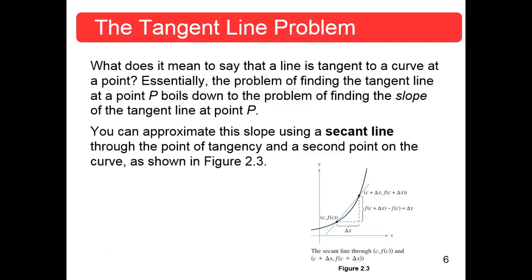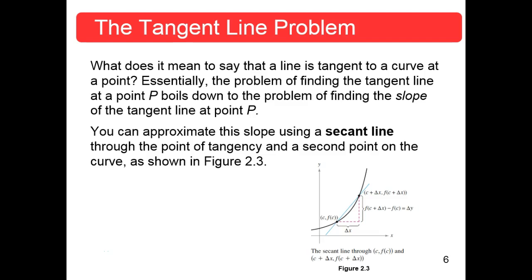Delta means difference, a little bit beyond x. This is x equals C. Go a little bit beyond that and now you're at C plus delta x. Then this point up here is going to be your function at C plus delta x.